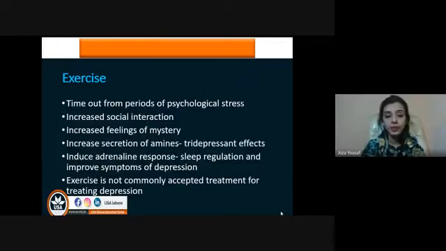Exercise gives time out from periods of psychological stress, increased social interaction, and increased feelings of mastery. It may increase secretion of amines, produce antidepressant effects, and induce an adrenaline response, which may help in sleep regulation and improve symptoms of depression. Exercise is not a commonly accepted treatment for depression either, but it has a role in treatment of depression.